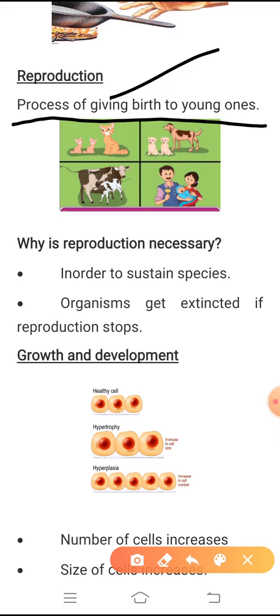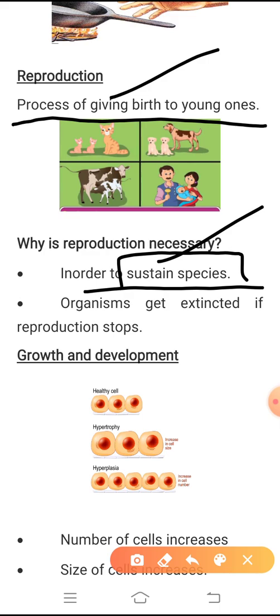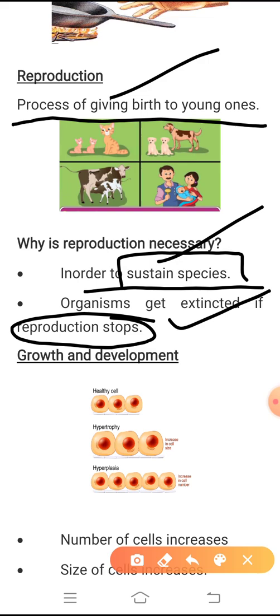Why is it necessary? Reproduction is necessary in order to sustain the species. Means the species has to sustain, they have to live, for the next generation they have to continue their life. So for that reason reproduction is necessary. And the second reason is, if reproduction stops, the organisms get extinct, means there will be no more of them, right? If the organisms get extinct, what happens?